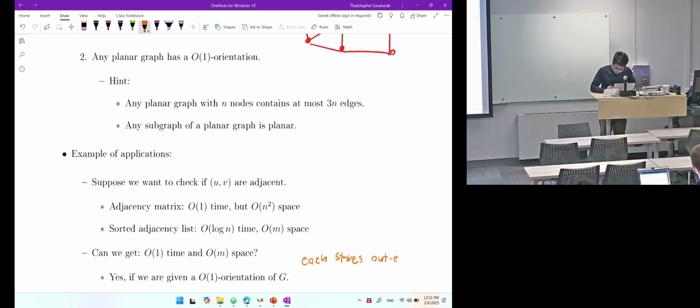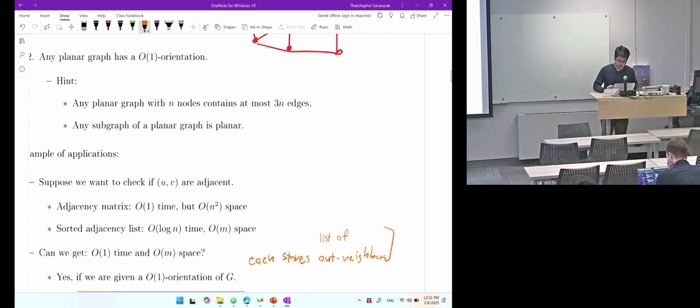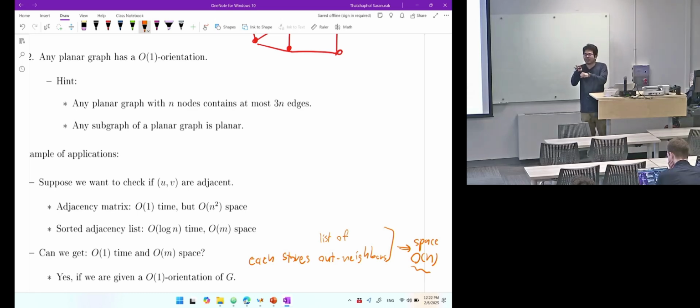Each node stores a list of out neighbors. So the total space that you need here is just order of n, because every node has constantly many out neighbors.